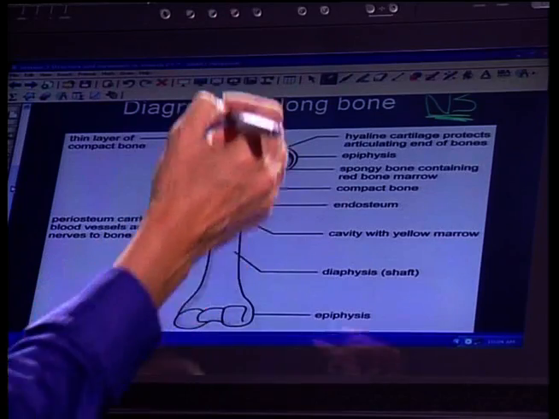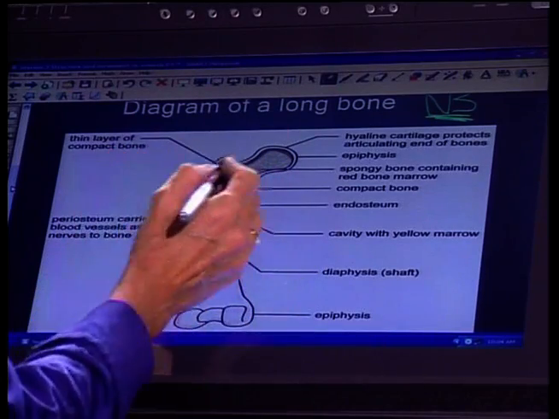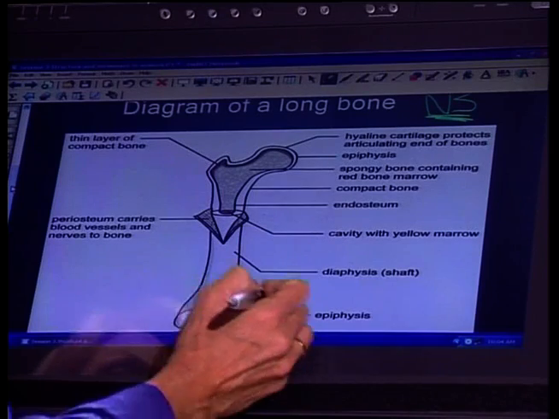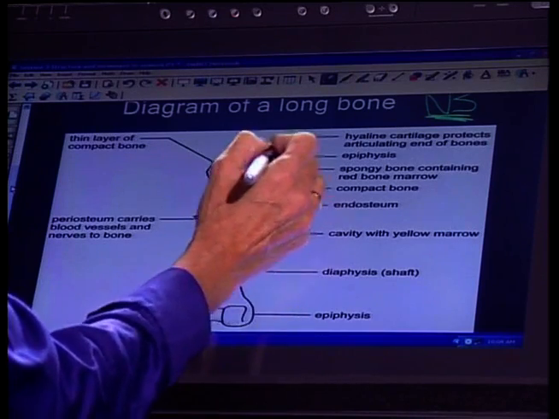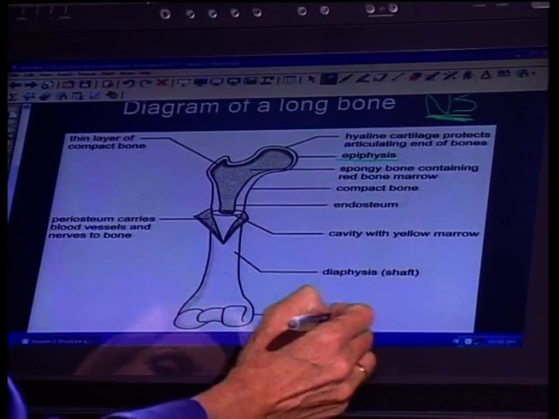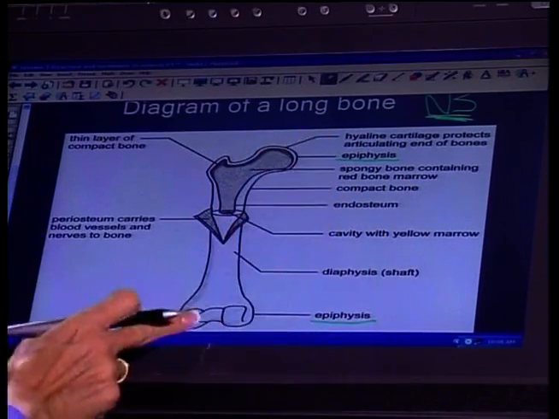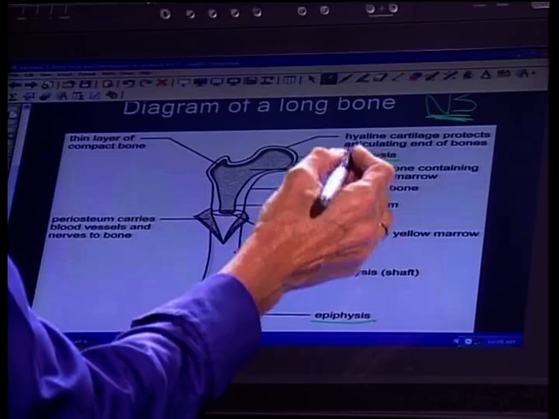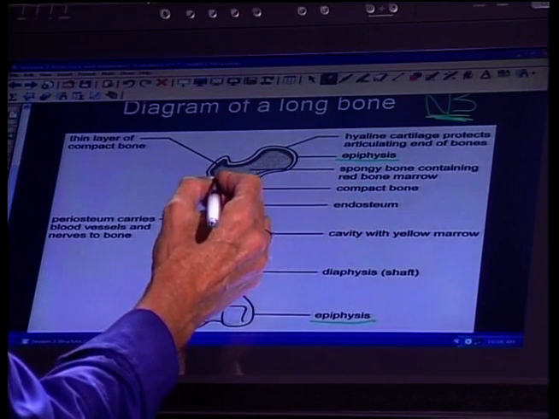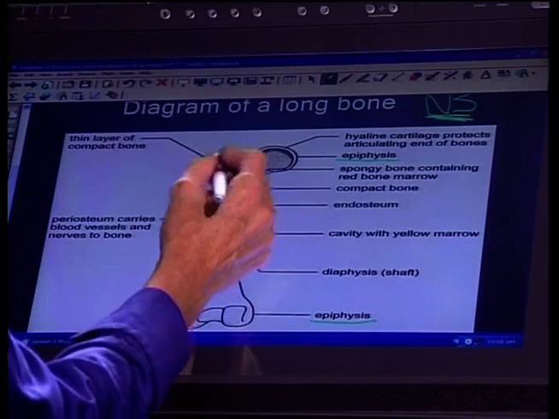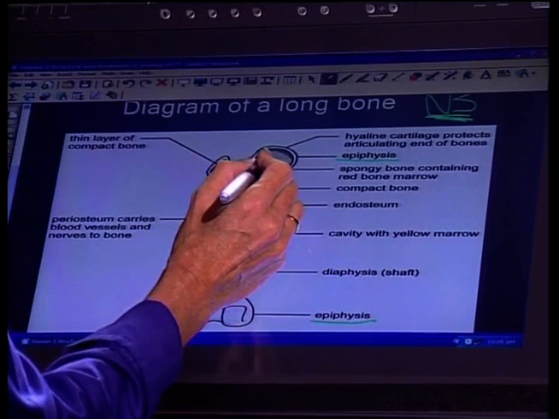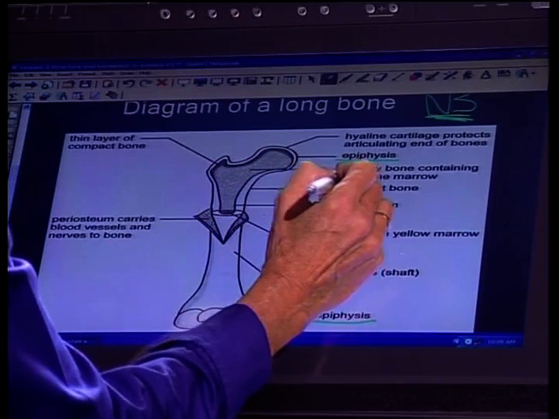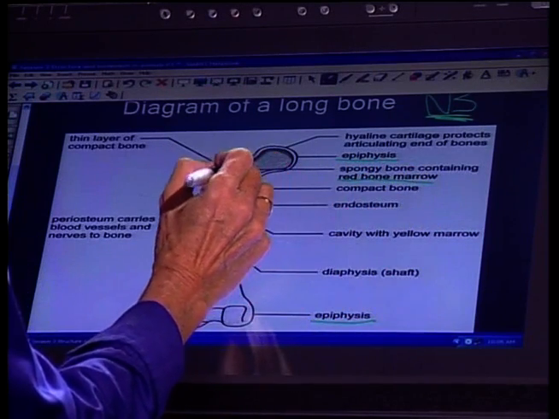We're looking at the epiphysis and the epiphysis, the two ends of the bone. Number two, it's got a very thin layer of compact bone, and then you've got the spongy bone on the inside, and that's where your bone marrow sits.